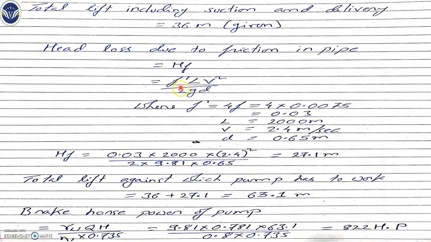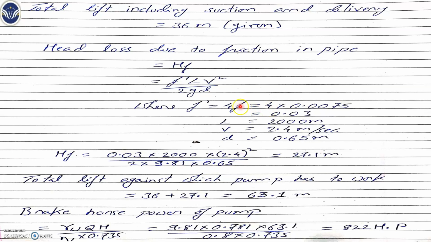The equation is F dash L V square by 2 G D. F dash is nothing but 4F. F is already given in the question, that is 0.0075.